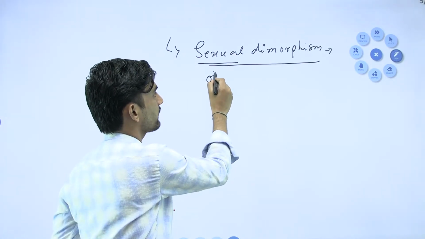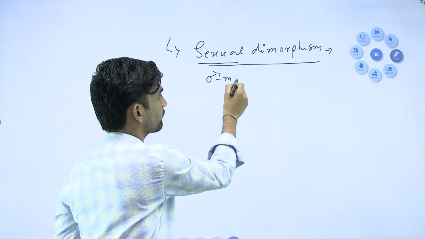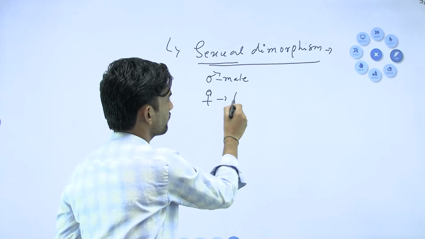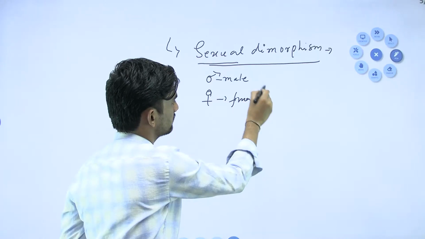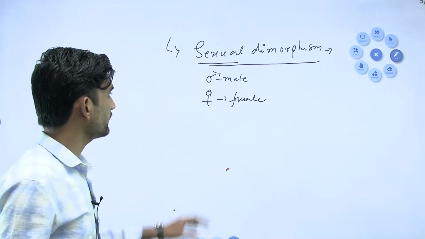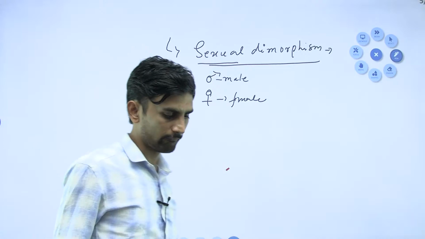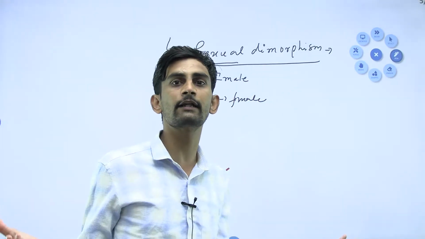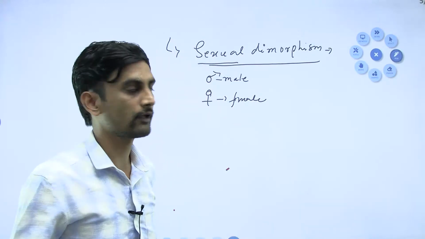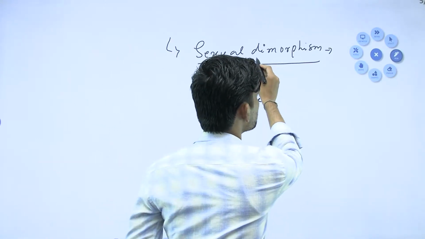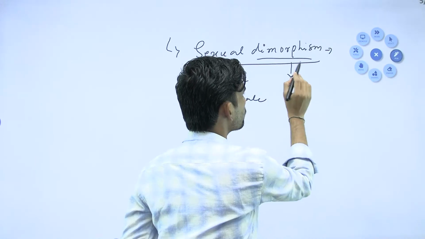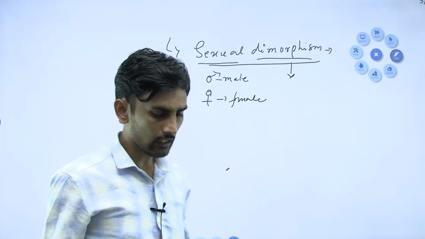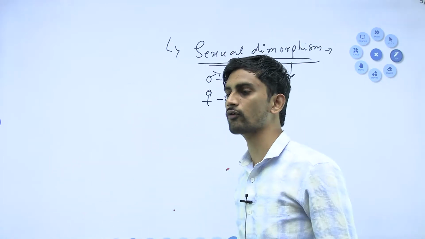I'll symbolically represent this as the male symbol, and this is the female symbol. Dimorphic: di means two, morphologically distinct, so the male and female organisms do not look alike. For example, cockroaches exhibit distinguishing features in both male and female. Sir, how will we distinguish whether it is a male or female cockroach?